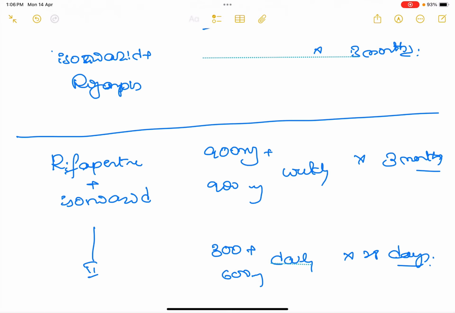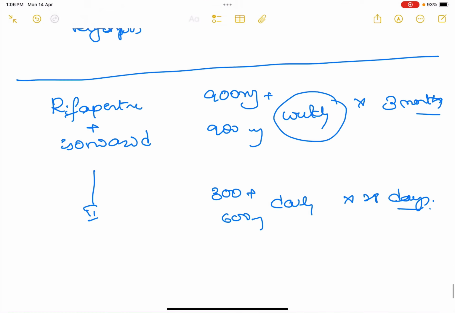Here it is weekly, mark here it is weekly. Rest other regimens are daily. So only weekly regimen is rifapentine plus isoniazid, that is for only 3 months. And one more regimen is only 28 days regimen, that is only 1 month regimen, but the patient has to take daily rifampicin plus isoniazid 300 plus 600 mg daily for 28 days. So these are the regimens.